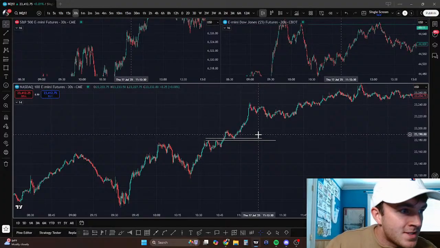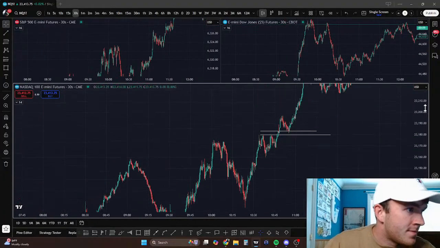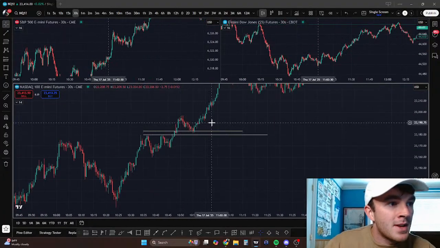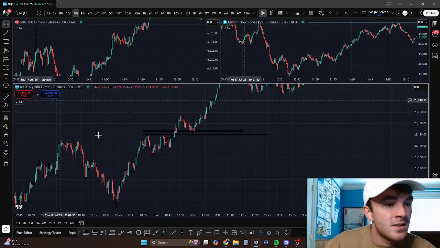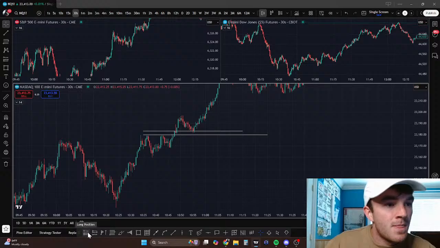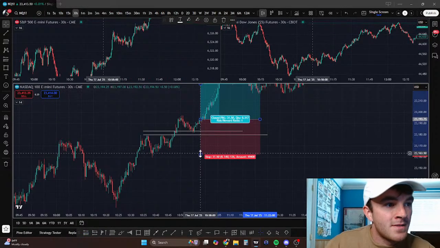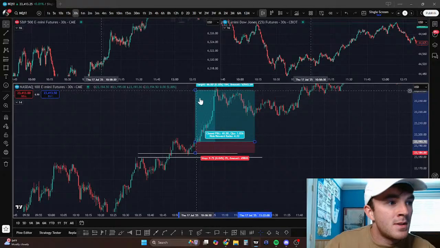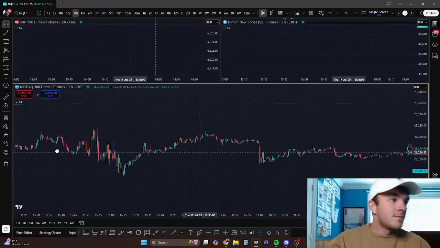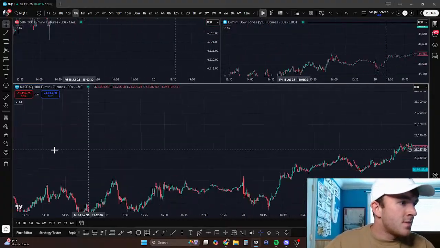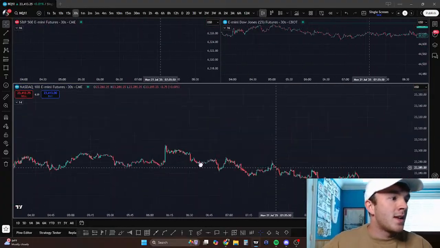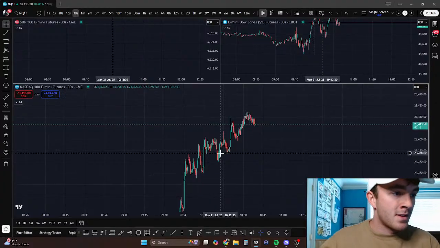That's maybe not the best example, because I probably wouldn't take this, but we do retest. We do get the 30-second change of state of delivery. I don't think this is that obvious, so I wouldn't take this, but anyway. Let's see what we're getting. Maybe we could tape read some trades. I probably won't take anything.